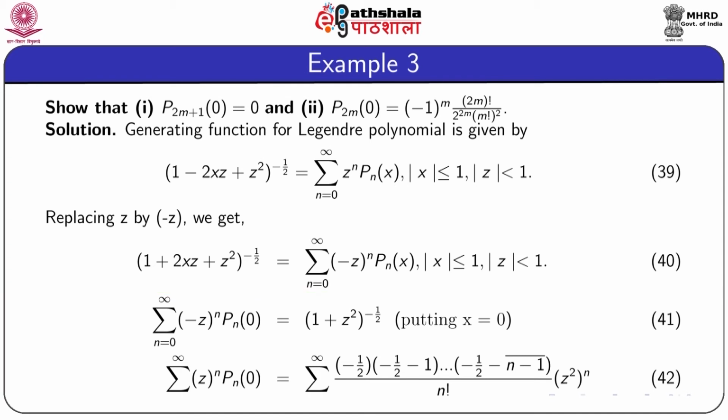Putting x equal to 0 in equation 42, we get summation z^n P_n(0) equal to (1 + z^2) to the power minus half. This we expand by binomial to get (-1/2)(-1/2 - 1) ... (-1/2 - n + 1) divided by n! (z^2)^n, which is given in equation number 44.